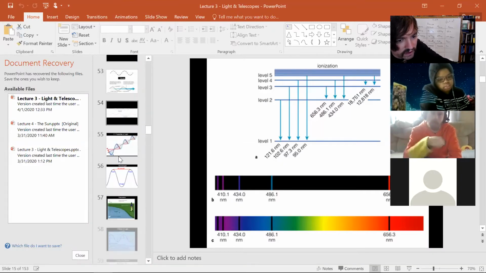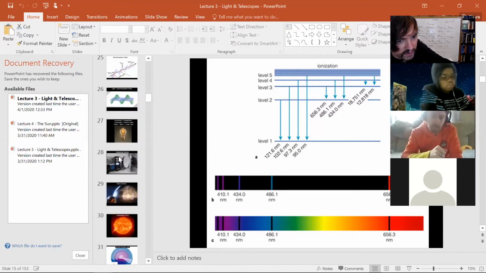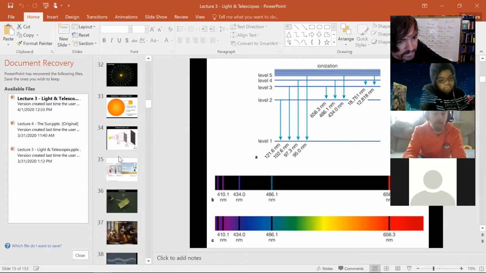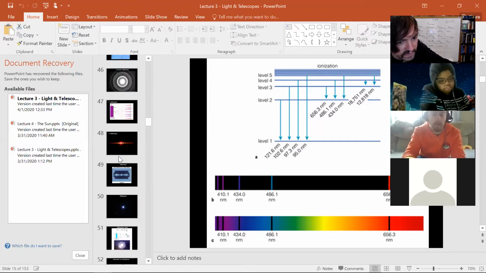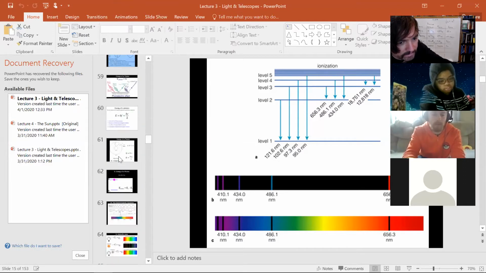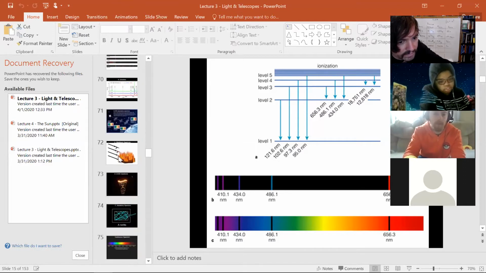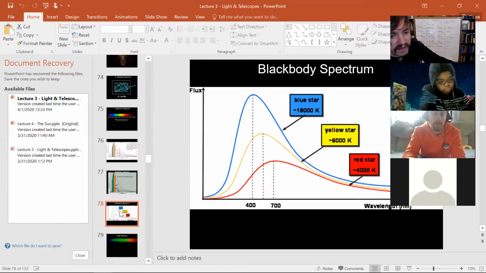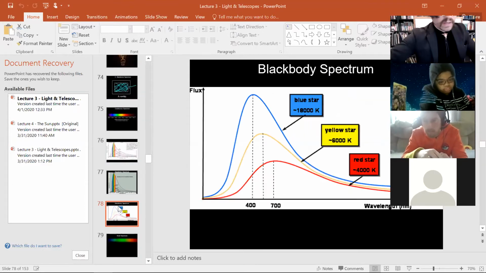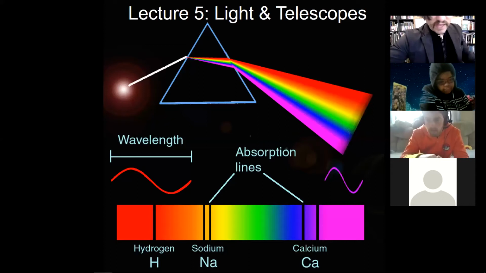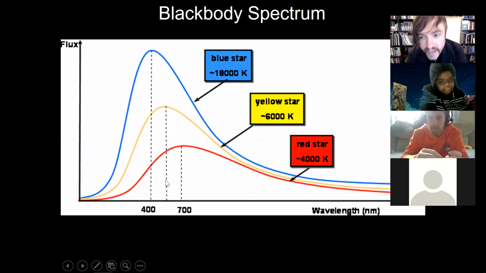So if you guys just stick with me for a second here. I'm looking for something. There we go, slide 78. Stars tend to have one of 3 different colors based on their temperatures.